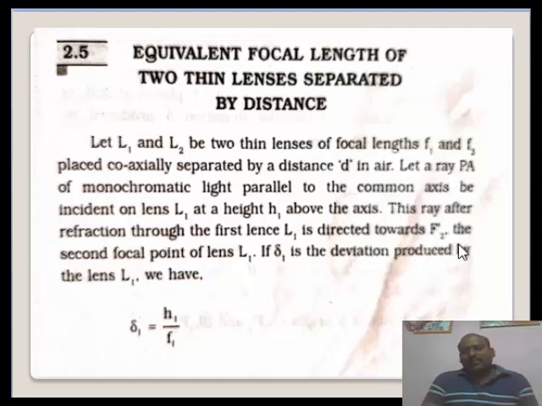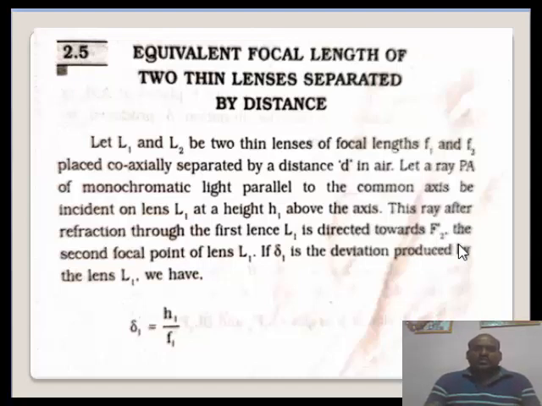Let the ray PA, monochromatic, that is a single beam, be incident on the first lens, parallel to the common axis, on L1 at a height h1. The principal axis is horizontal, and the ray is incident above it, parallel to the principal axis, at height h1.